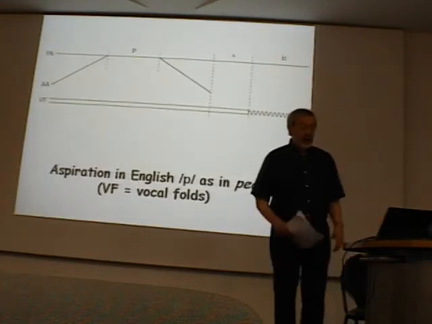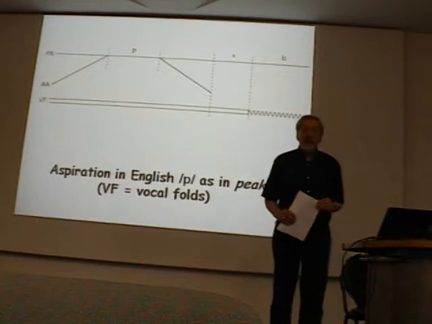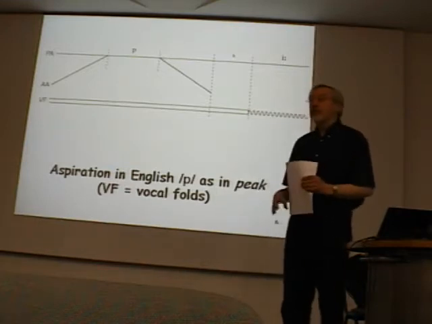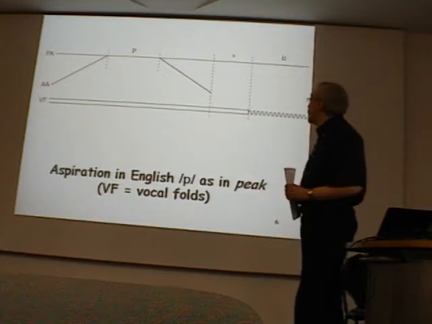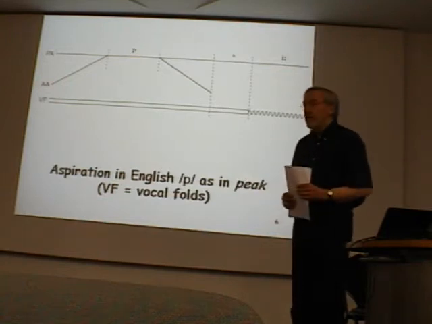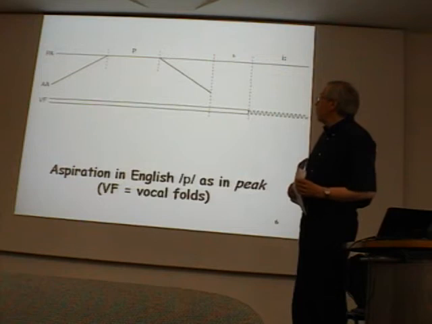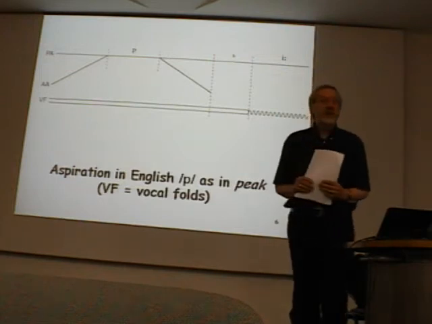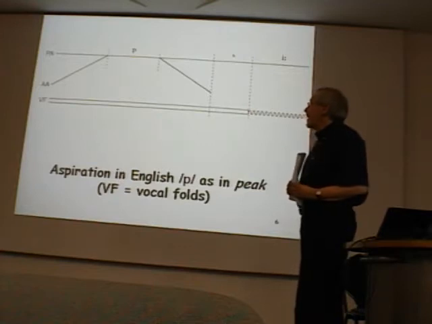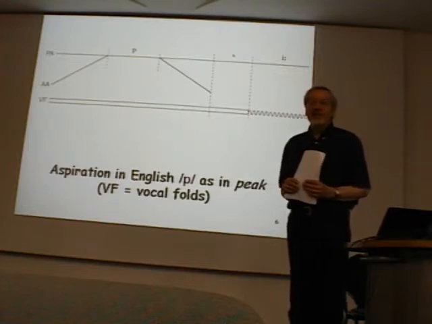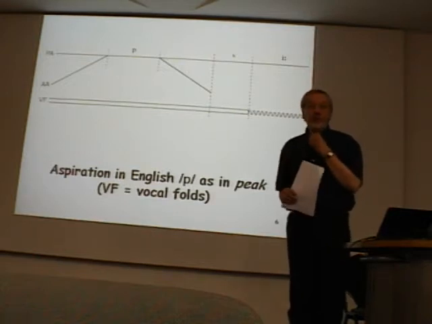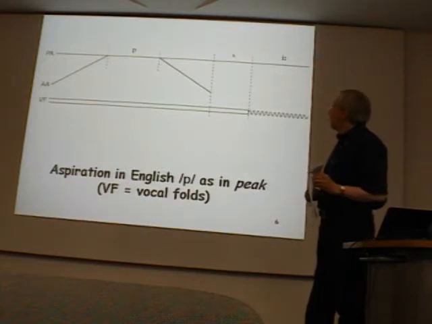Let's have a look now at aspiration in English, what actually goes on. We can use our timing diagrams to show this. On this diagram here, PA stands for passive articulator, AA stands for active articulator, and VF stands for the vocal folds, so what's giving the voice.